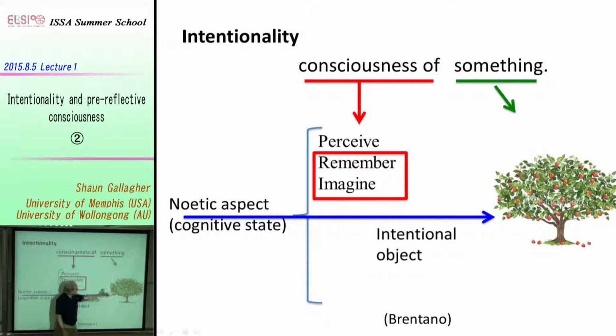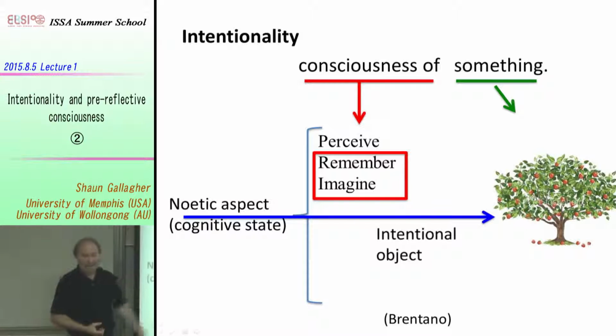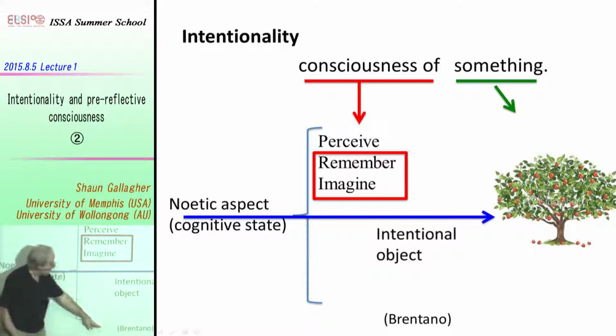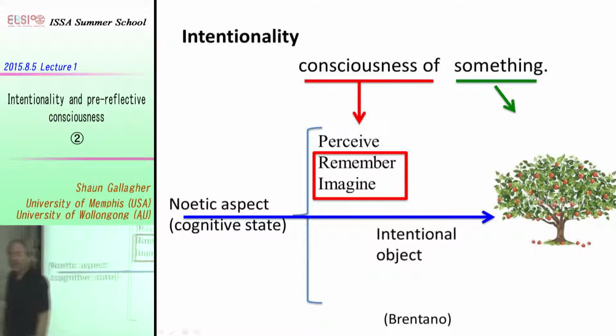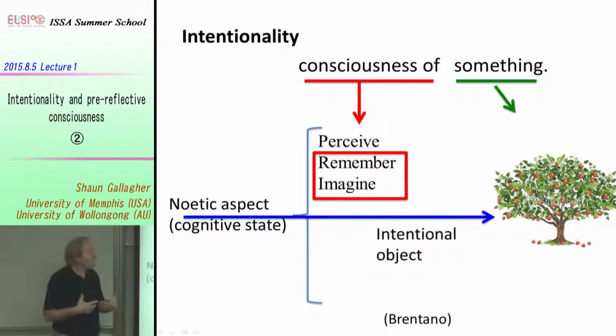We somehow pull the form of that, not the material, obviously, but the form of that thing, and one might say represent that thing in some way in the mind. So for Brentano, the intentional object actually was something inside the mind. It was what he called the intentional inexistence of the thing that we're conscious of.